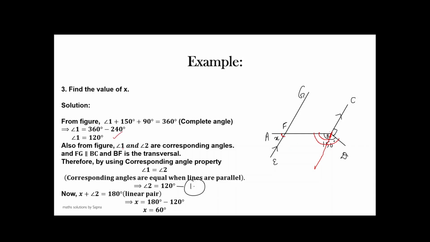If I have to use the alternate exterior angle property, alternate exterior means, because this is outside the line, outside this parallel line touching this, which is our transversal, right?